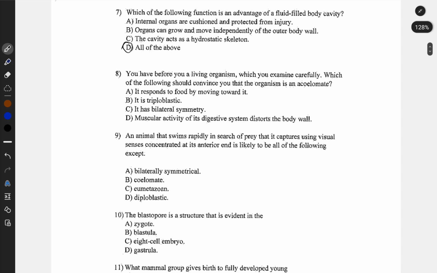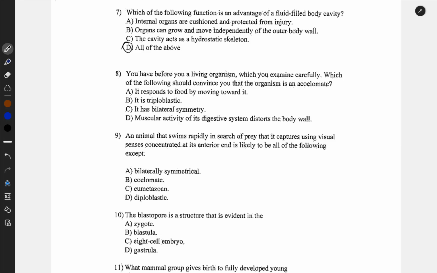You have before you a living organism, which you examine carefully. Which of the following should convince you that the organism is acoelomate? If it is acoelomate, what is it? It responds to food by moving? No, this is something that is bilateral symmetry. It is triploblastic? No, we can't associate that.